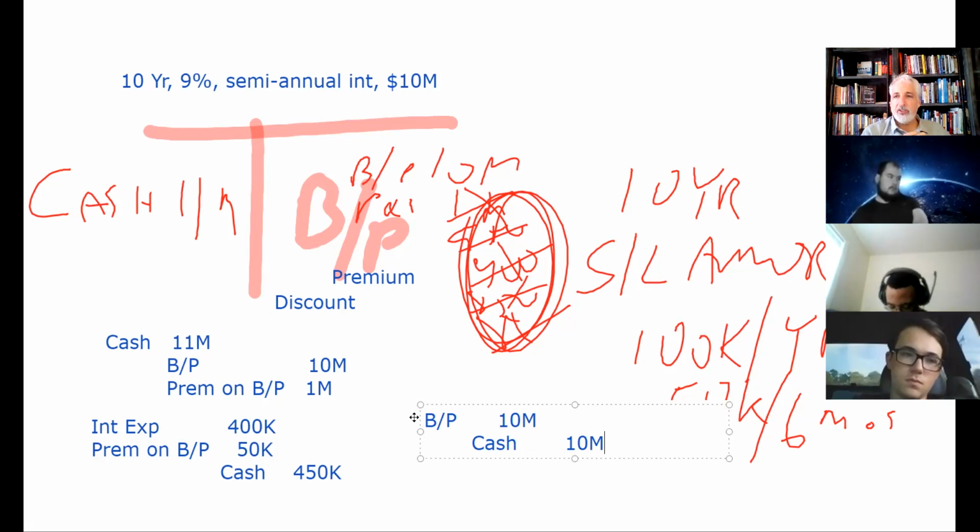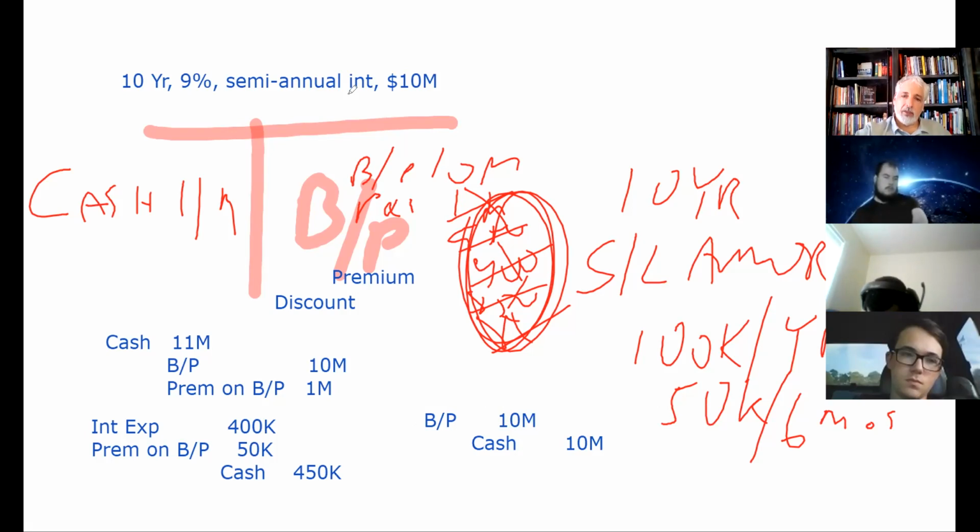Municipalities and governments do bonds all the time. Corporations do bonds all the time. Apple has bonds. Tesla has bonds. Most corporations have bonds out there. Some form of debt, some form of liability, some form of obligation that they have to pay interest on, and then they have to pay the principal back. And we've got two cash flows. We've got this cash flow that we're going to calculate to get the bond value.